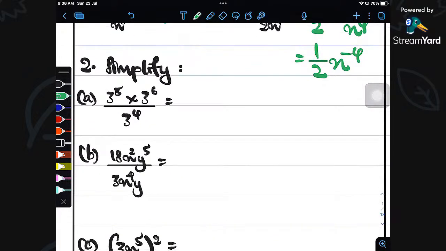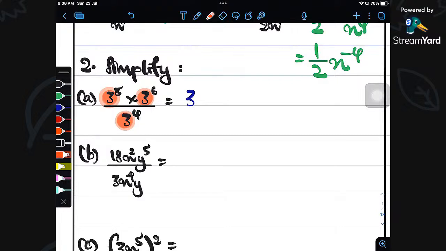Simplify. The first question A here, simplify 3 to the power of 5 times 3 to the power of 6 divided with 3 to the power of 4. So let me show you the example and then I show you the formula. Let me show you the concrete example dahulu. So 3 here, the base is all the same. Base semuanya sama. 3 semua sama.